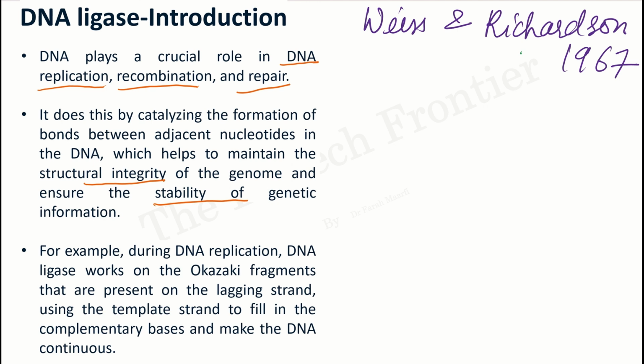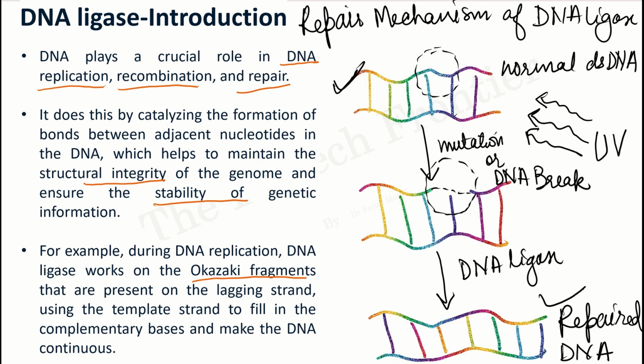For example, during DNA replication, DNA ligase works on the Okazaki fragments to fill in the complementary bases, making the DNA continuous. Suppose this is a normal double-stranded DNA, and it gets exposed to some UV radiation or any other type of modification like glycosylation or amino acid modification.